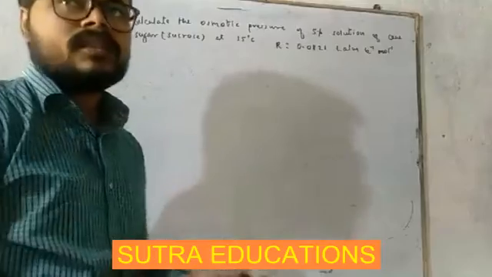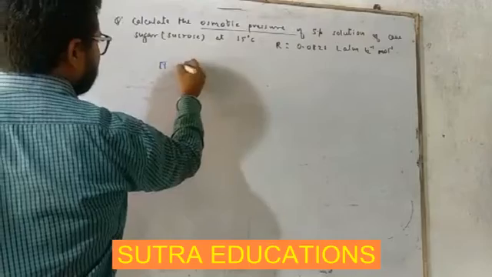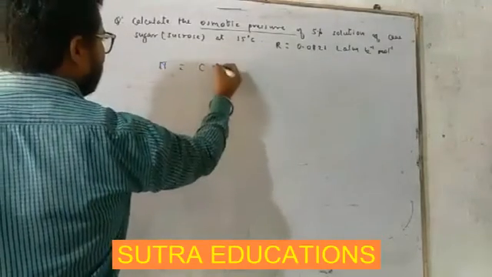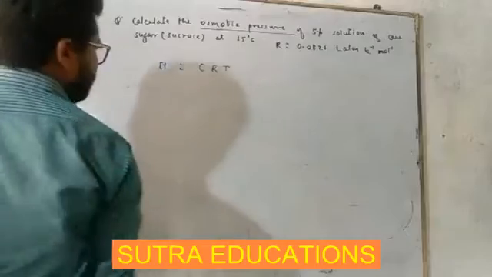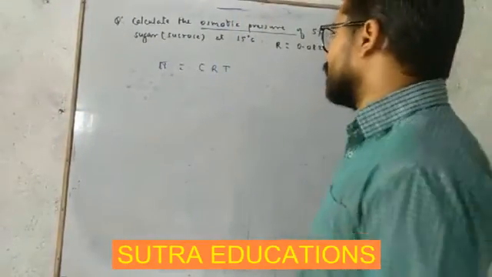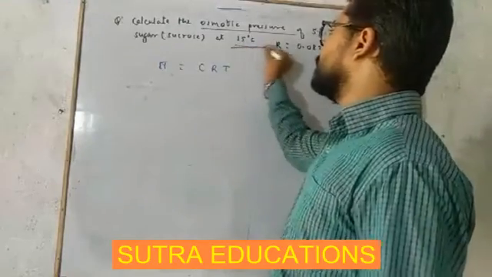So in this question we have to calculate osmotic pressure. Osmotic pressure is pi and it is CRT, where C is concentration, R is gas constant and T is the given temperature. Now it is given at 15 degrees Celsius.